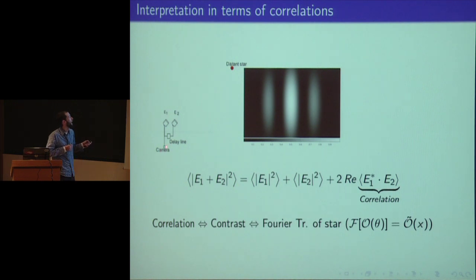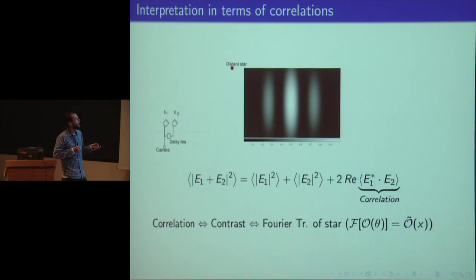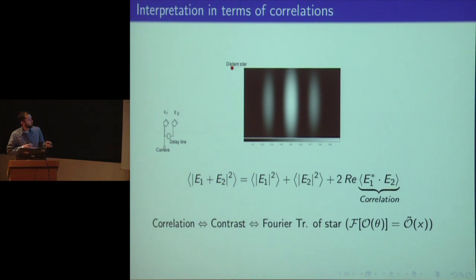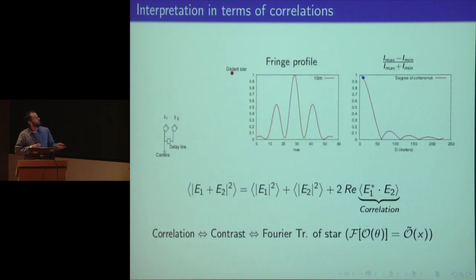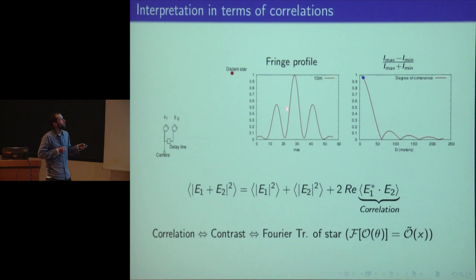Now what you will observe in the camera is a set of fringes, and this fringe pattern can be described as the squared sum of the complex amplitudes E1 and E2 received at each of the telescopes. Now this diffraction pattern, let me show you the profile. The sinusoidal part of the profile is coming from this interference term that some of you may be familiar with.